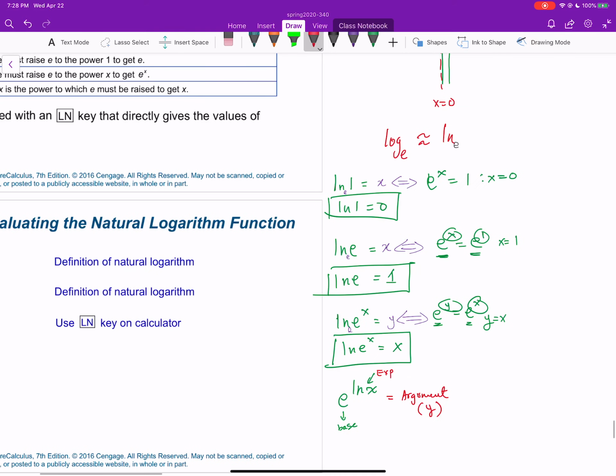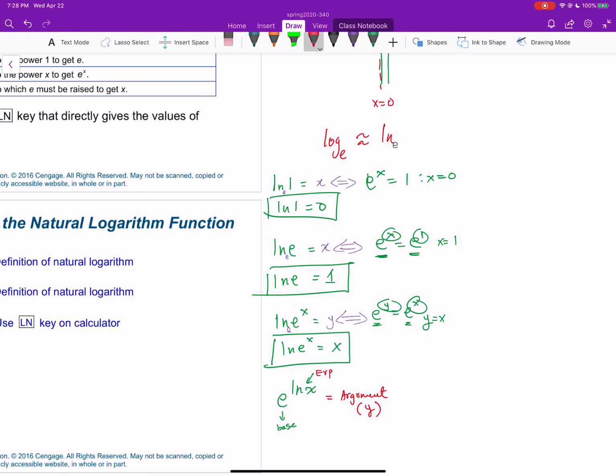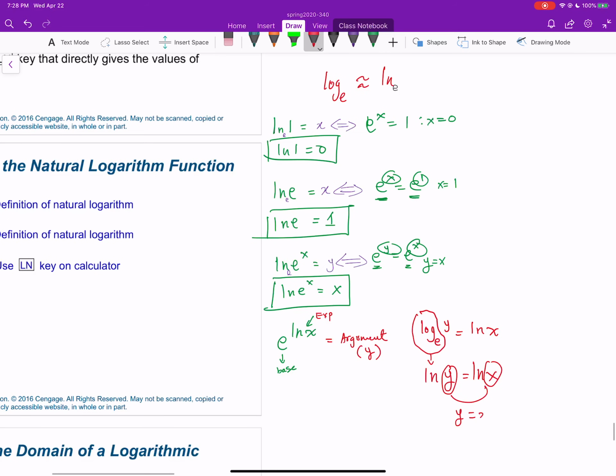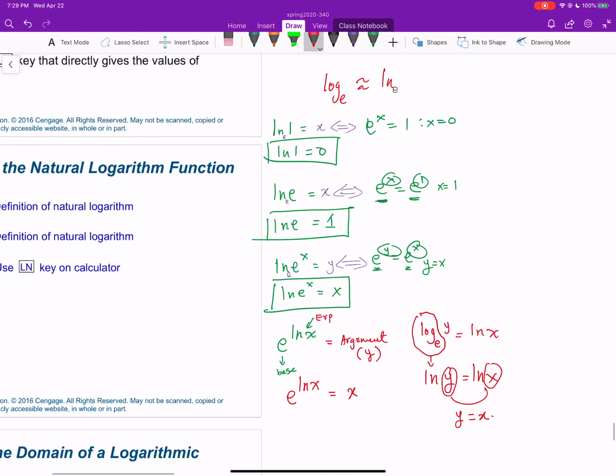To change it to logarithmic, or natural log, this becomes log base e of the argument y is equal to ln x. Well, log base e is the same as what we call ln, so that's ln y is equal to ln x. If they're supposed to be equal, that means that these two must be equal. So y is equal to x. So in this case, e raised to the ln x must return us back what? X. So that is another fact.